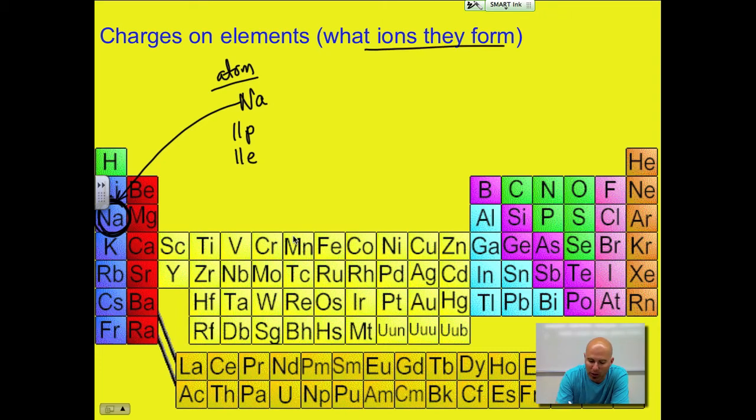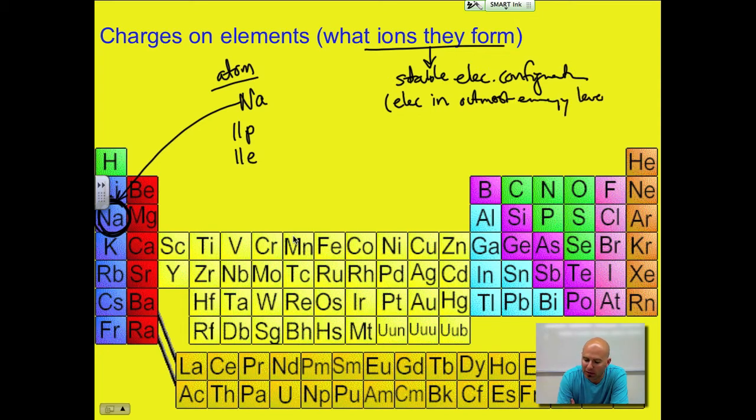What ions do they form? Well, all atoms or all elements want to form ions so that they have a stable electron configuration. Okay, and what is a stable electron configuration? Well, it's so that the electrons are in the outermost energy level, and they are stable.